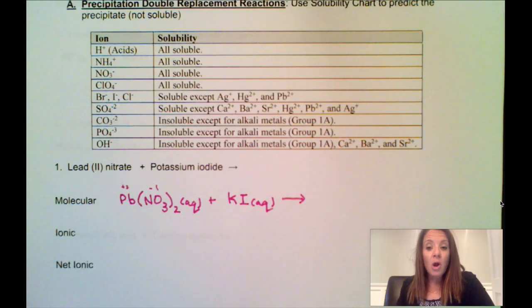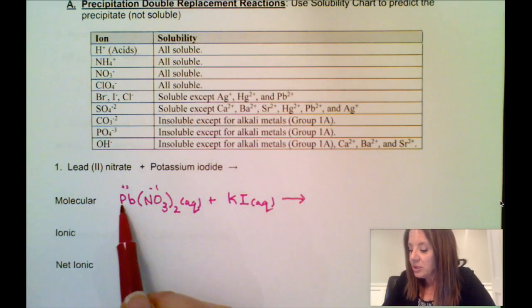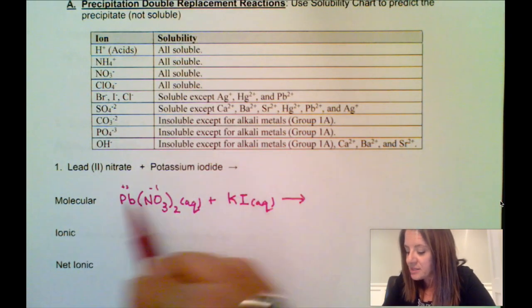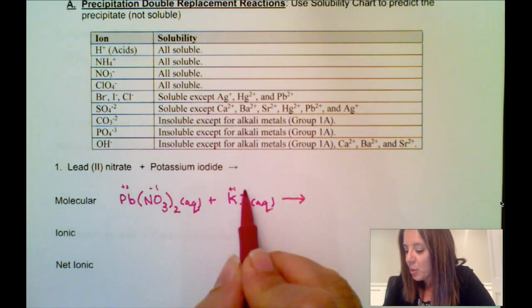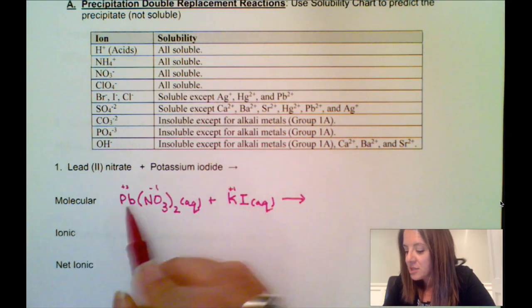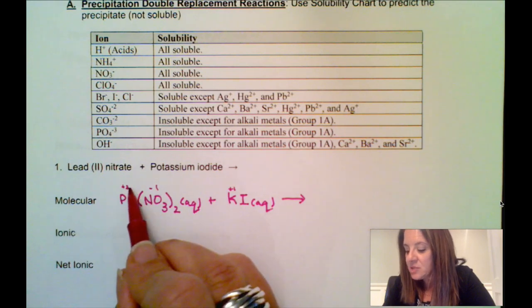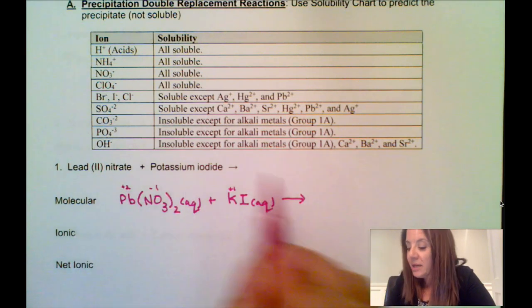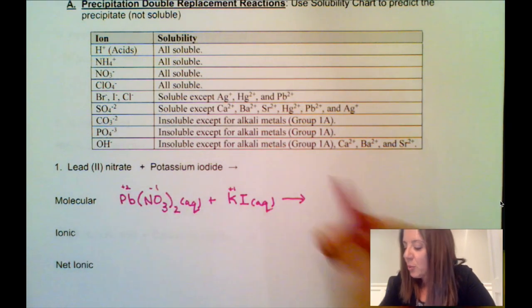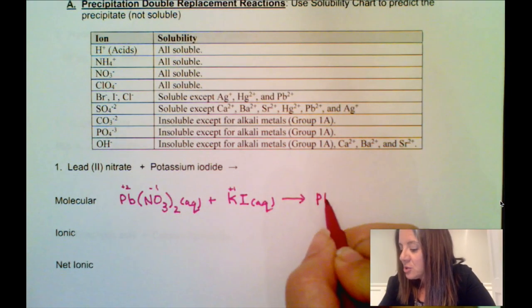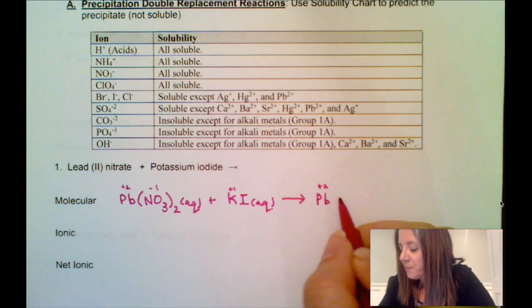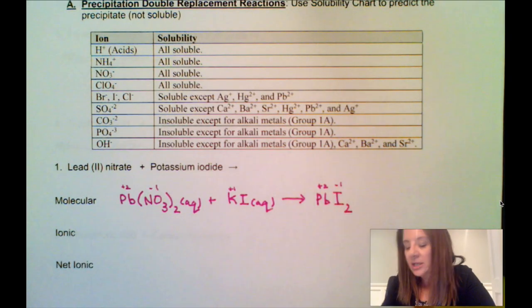What are the new compounds that are going to be made? Well, lead is going to swap places with the potassium because those are both my positive ions. So the lead, because I used a 2, it's going to remain a valence of 2 when it hooks up with the iodide. So if they want me to pick a 2, iodine is still a -1, so you're going to get lead 2 iodide.